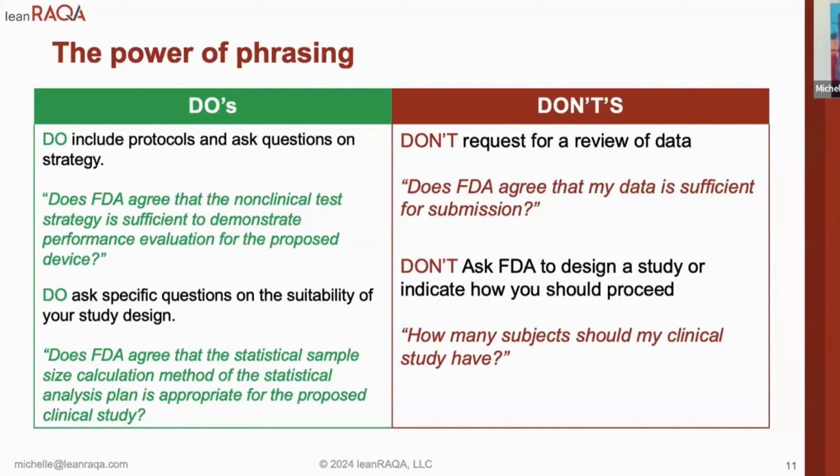I see this a lot with people who just randomly pick a number. Like they'll say, is 100 people enough for my clinical study, without including that statistical analysis of how they came to that number. They just picked the number out of the hat and thought FDA would validate it.